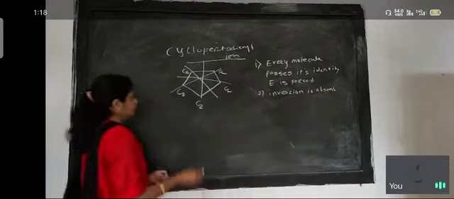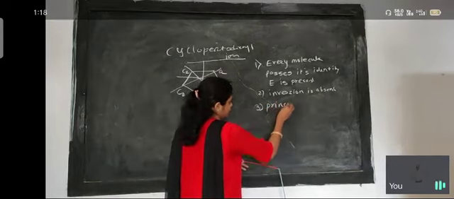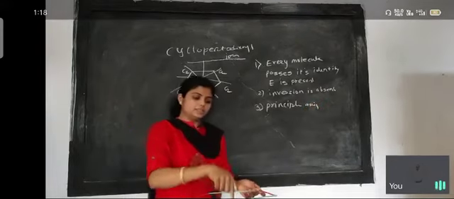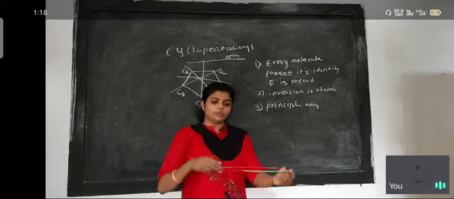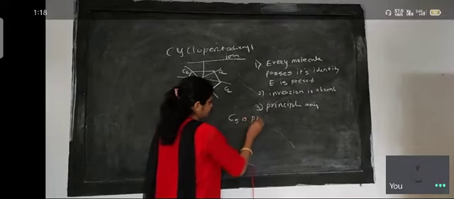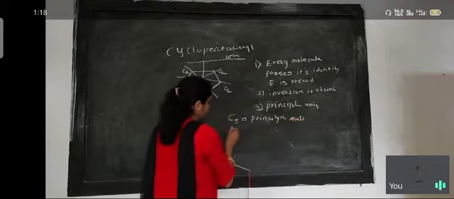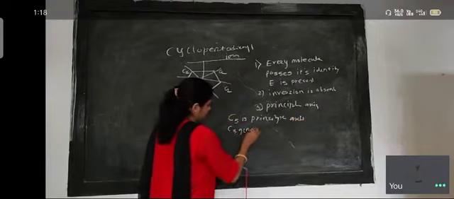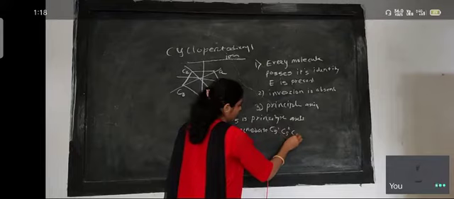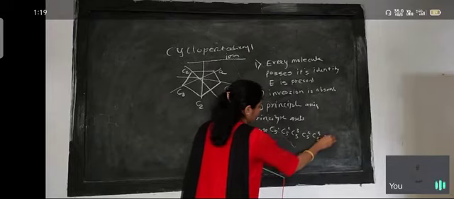Then the third point is the principal axis. Here the axis passes through the center of the molecule, and the 5 carbons are rotated. So you have to consider C5 as the principal axis. C5 generates C5, C5, C5, C5, C5, which is equal to identity.